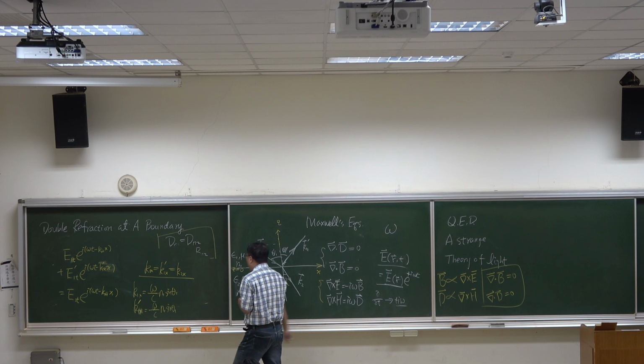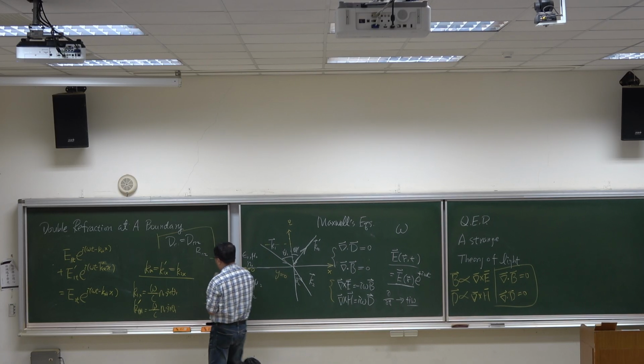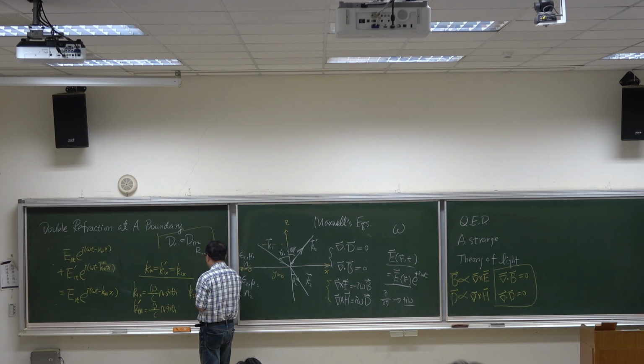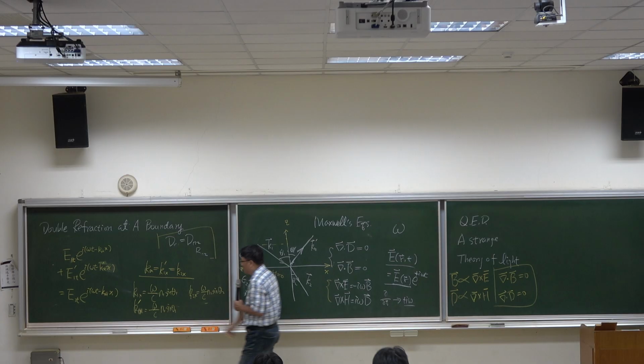And k2x is omega over c times n2 times sine theta 2.